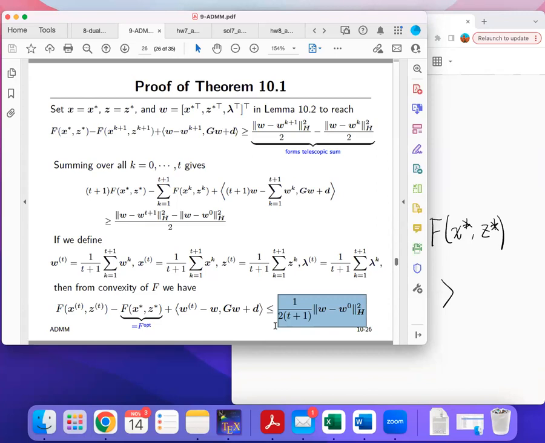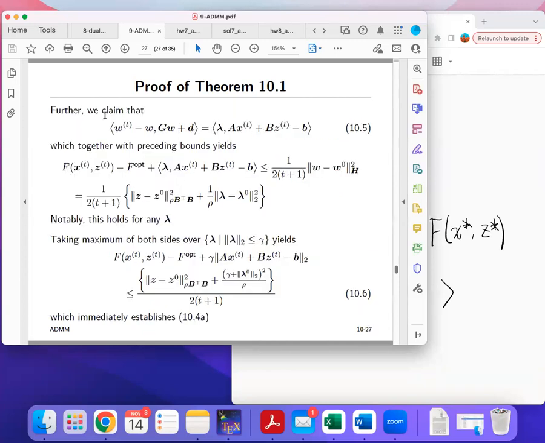Then we need to further look at this inner product term, because what we want is the first two terms. We want to calculate this one. So we need to further understand this inner product term. And we claim that this inner product term equals this one.